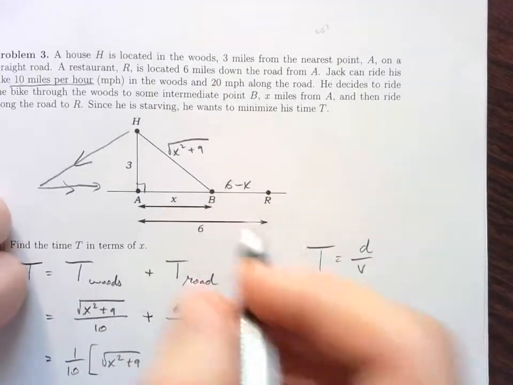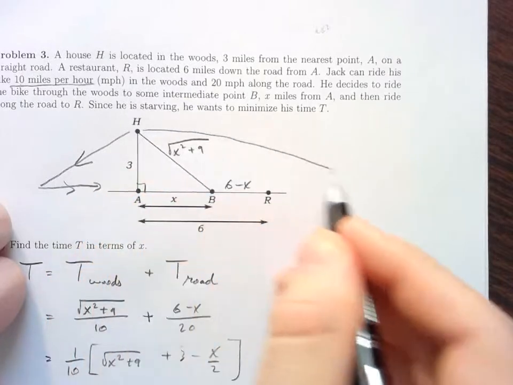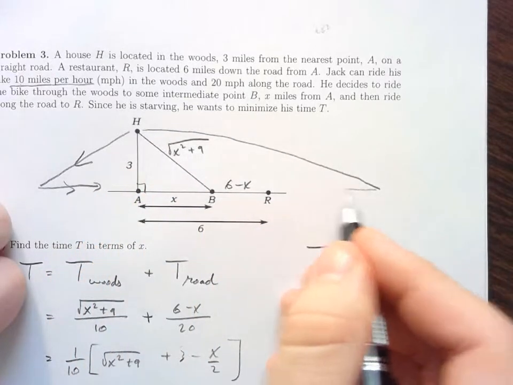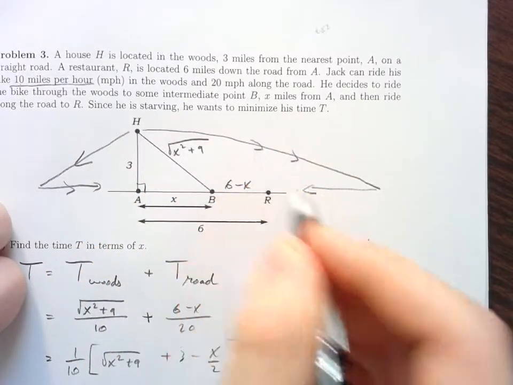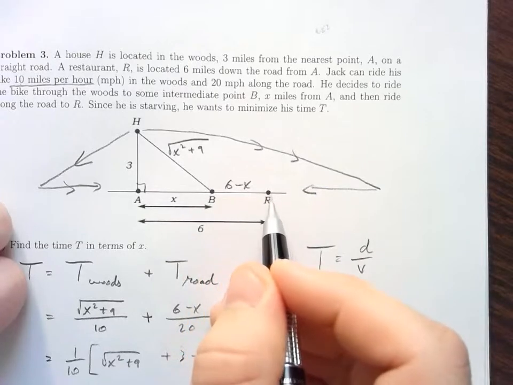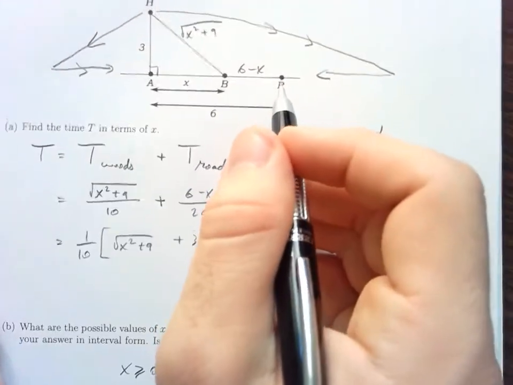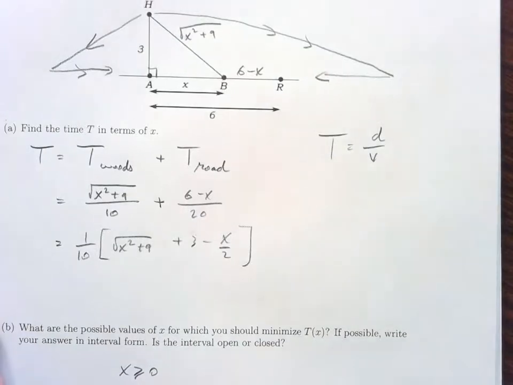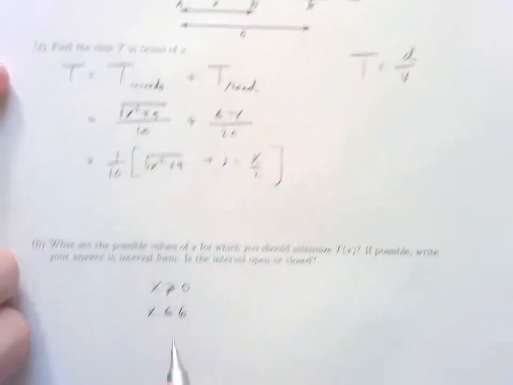And you also don't want to have x larger than 6, because you'll be traveling way far out here and then coming back to return to the restaurant. So x should not be larger than 6.